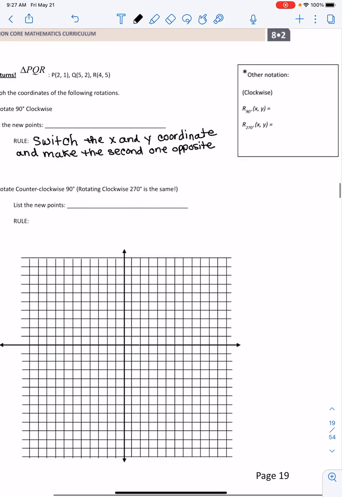So our rule then would be y comma negative x.